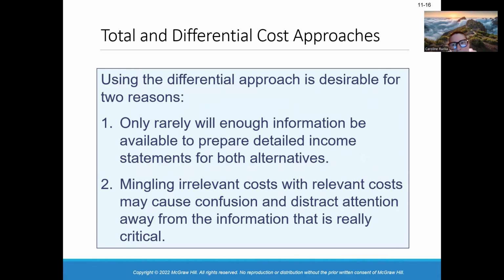Also, if you show the entire income statement to your manager, they might get confused because it contains both relevant and irrelevant costs. That is your book's opinion. And for the purposes of assignments and tests, please put that into your memory banks.